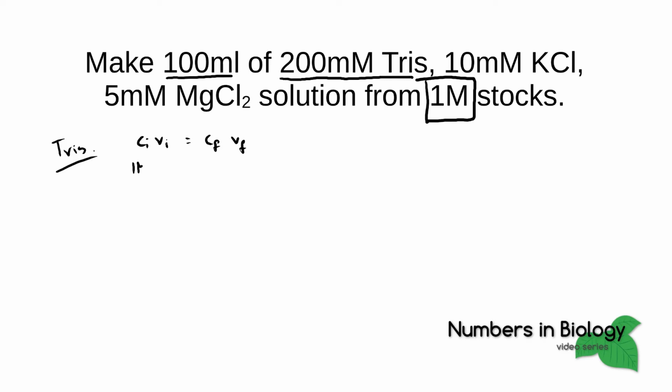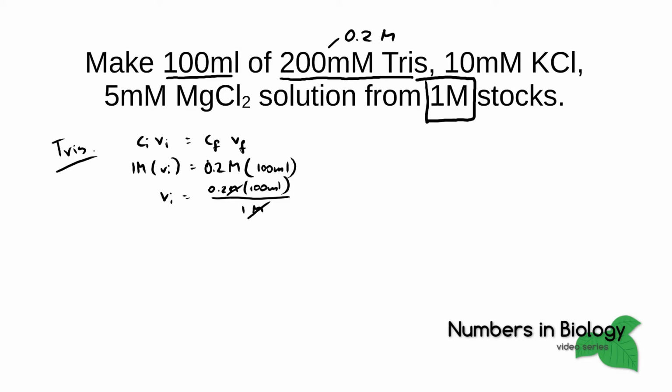So you're going to have 1 molar times VI is equal to, and again, remember, convert. So this is the same as 0.2 molar times 100 milliliters. So VI is equal to 0.2 molar times 100 milliliters divided by 1 molar. So again, the moles per liter cancel out, and your VI is equal to, just like last time, 20 milliliters.